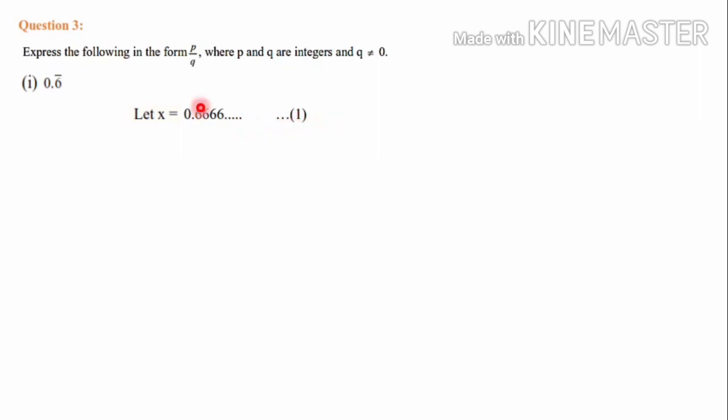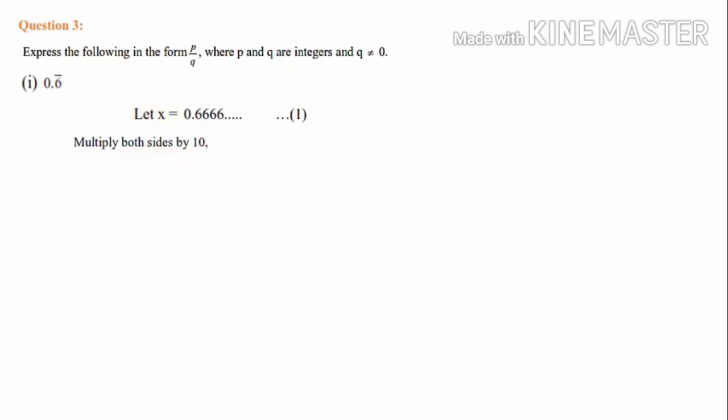When you check here, there is only one digit repeating, that is 6. Therefore, we have to multiply both sides by 10. Here the number of zeros is determined by the number of digits which are repeating. Here only one digit is repeating, that's why 10, 1 along with one 0.